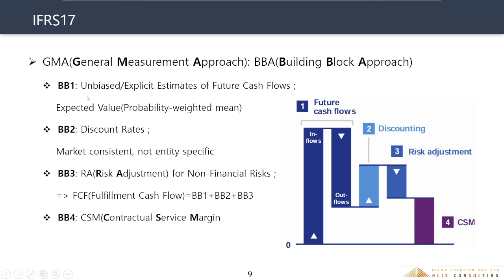All those three, building blocks 1, 2, 3, make up the fulfillment cash flow. It means that all those three components combined together are to fulfill the contractual legal obligation, and it is also the criterion in the onerous contract test.